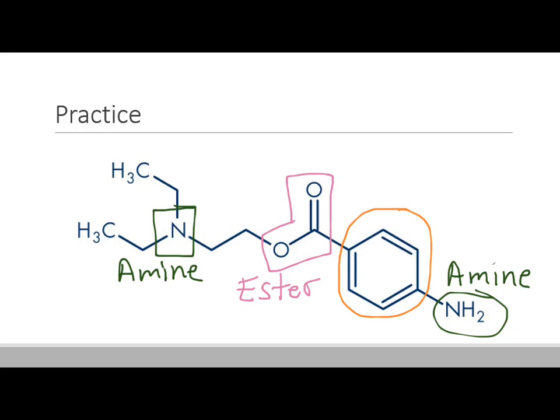What's that when we have 6 carbons in a ring with alternating double bonds? That would be a benzene ring. So this would be considered an aromatic group, right? Or a benzene ring, whichever you prefer. Benzene by itself is just this ring, and then we can obviously attach different things to it.